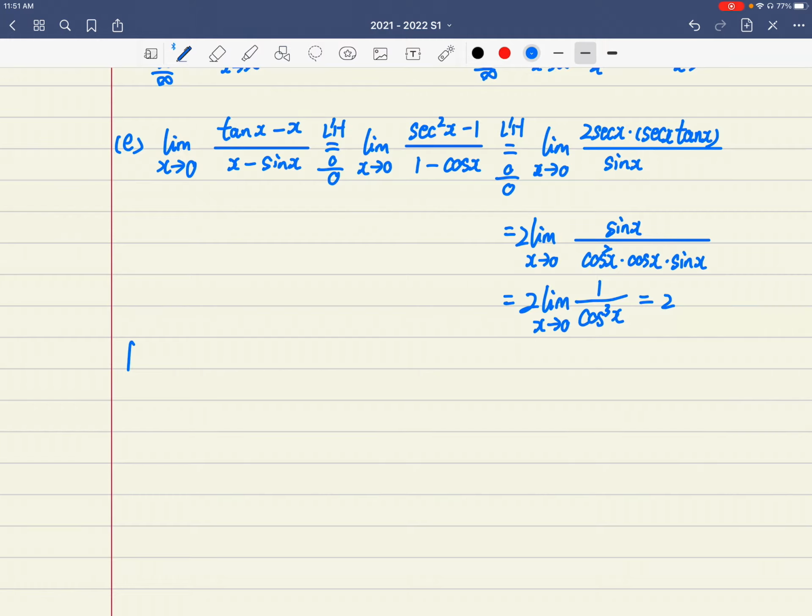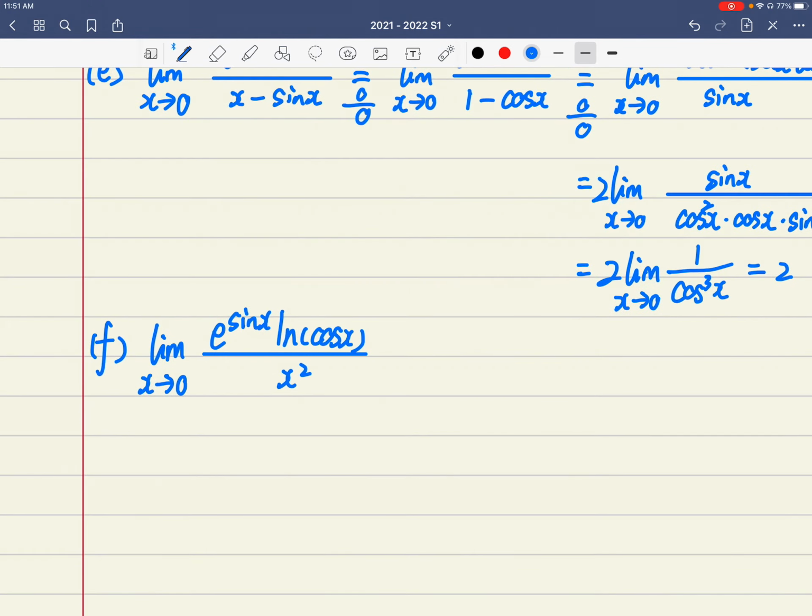Part F. Limit as x approaches 0 of e to the power of sine x, ln cosine x, over x squared. Let's do the substitution.